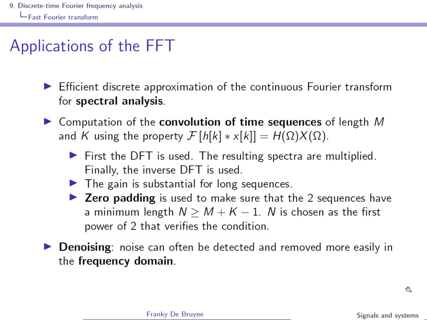Another application is denoising. If you go to the frequency domain, noise can often be detected and removed more easily, so it allows you to reconstruct a signal with smaller influences of the noise.